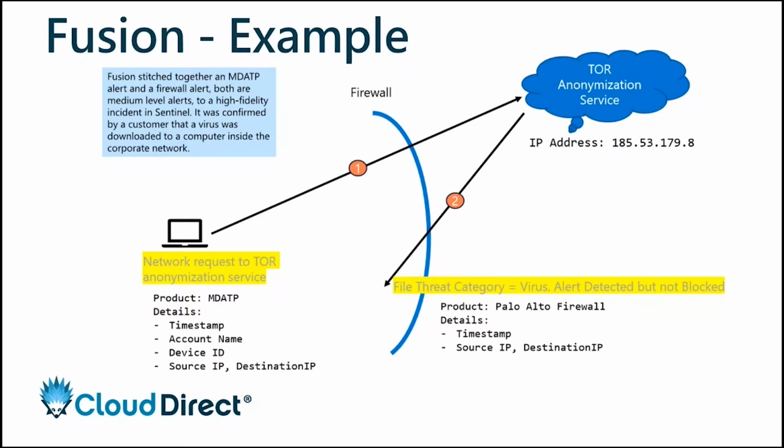One is from Defender ATP, showing that users are going to an anonymous IP address, and the other from a Palo Alto firewall is showing a potential virus coming down from that same IP address. So that's an example of fusion in action, and Sentinel would raise an incident based on examining those two data sources in isolation.